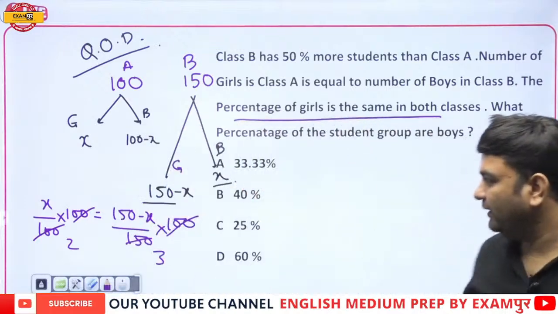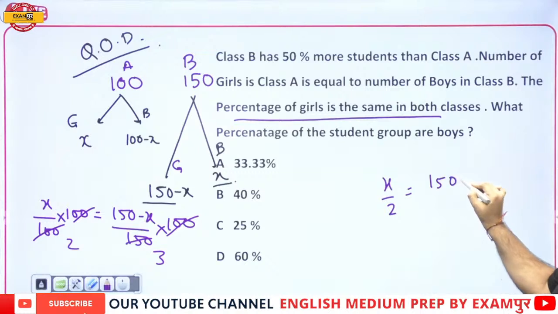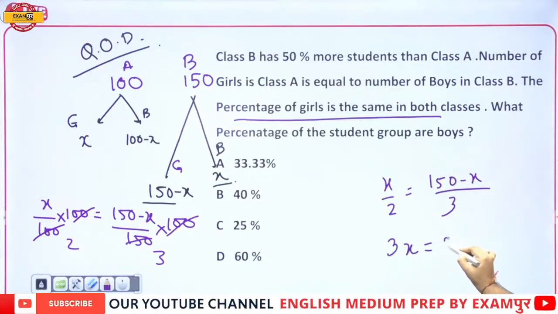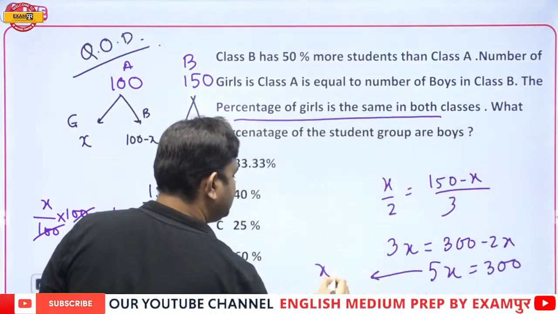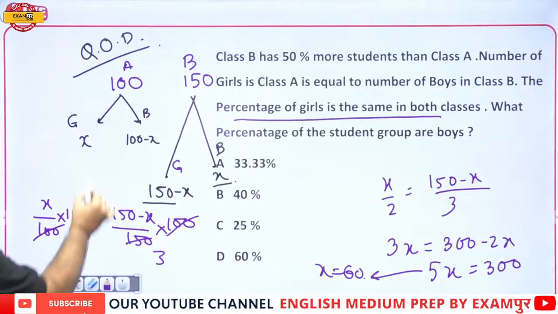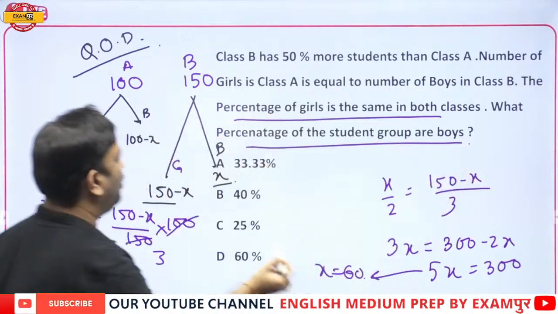So X by 2 is equal to 150 minus X by 3. So 3X is equal to 300 minus 2X, 5X is equal to 300. So X is 60. How many percentage of the students are boys?